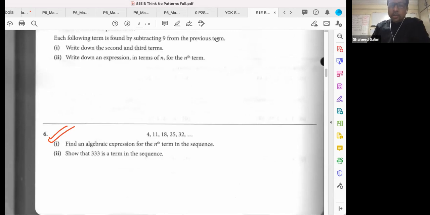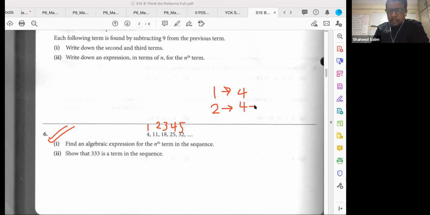So I'm just going to lead you through first term, second term, third term, fourth term, fifth term. Now, first term is just 4. Second term, you see 4 plus 7.